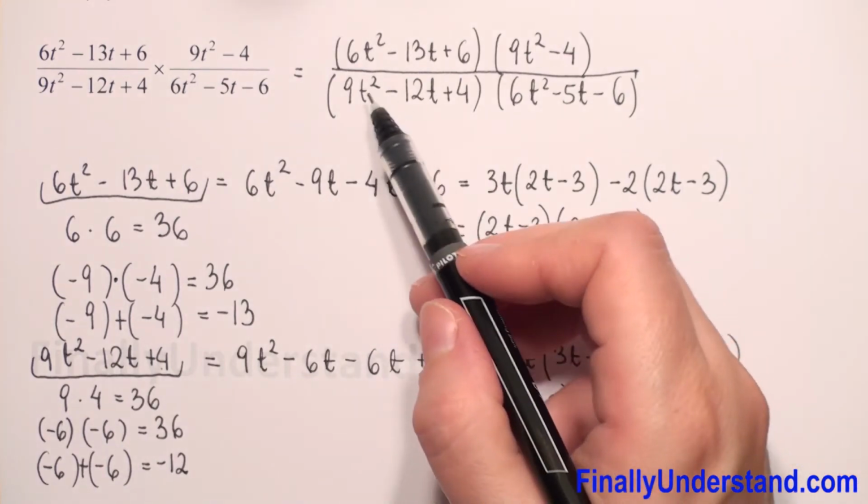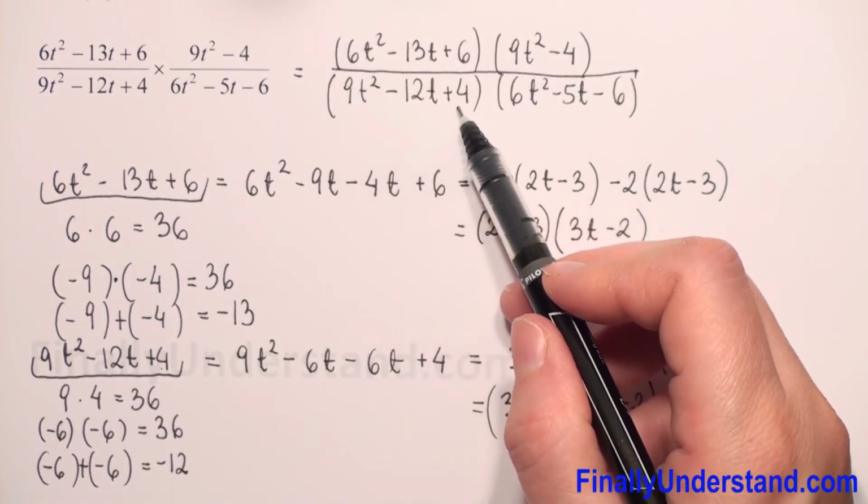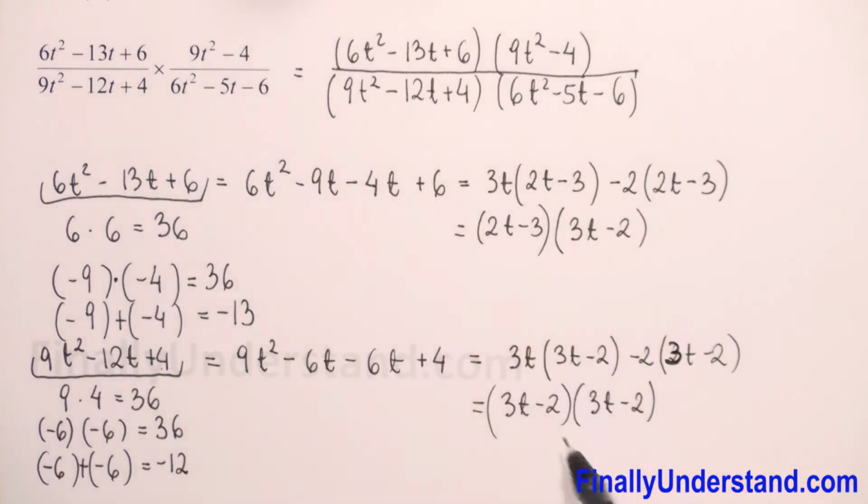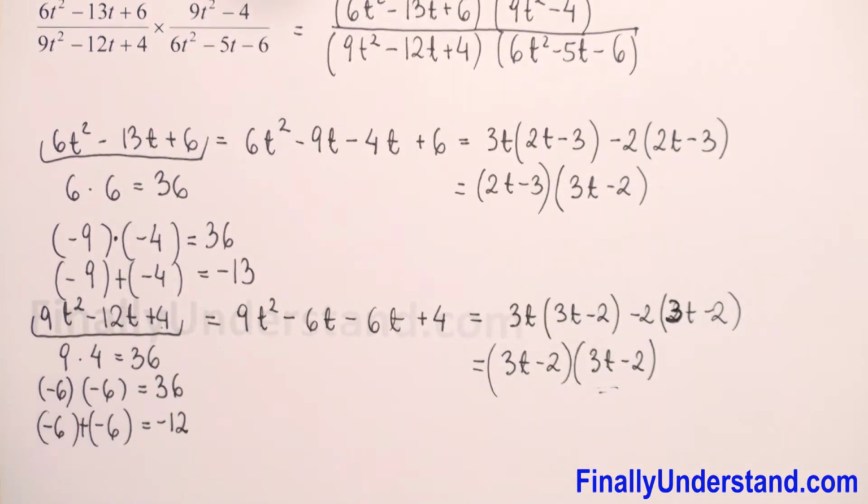So the first general quadratic trinomial in the denominator we can rewrite to these terms, and the last we have 6t squared minus 5t minus 6. We will use again the same method.